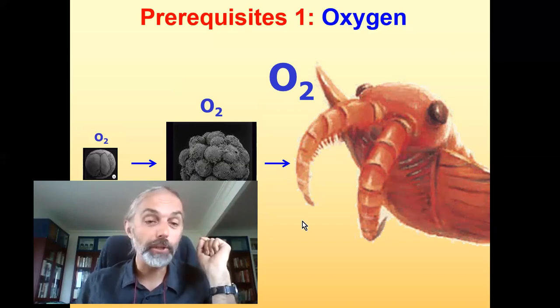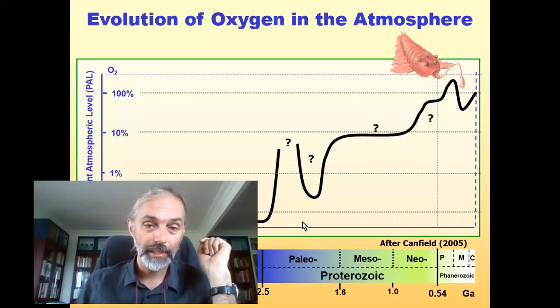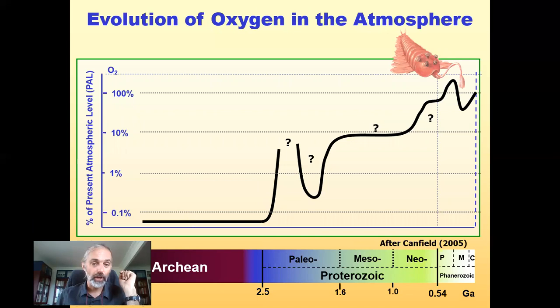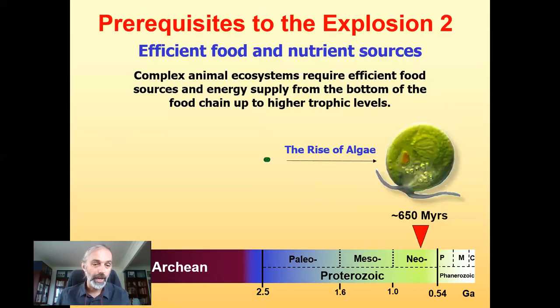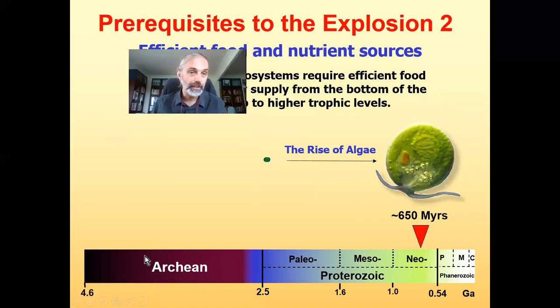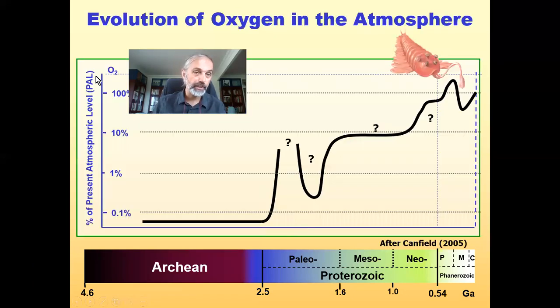You already know about the evolution of oxygen through time. That's shown in this slide here. On the y-axis, you have present atmospheric levels of oxygen, PAL. And here is 100%, here's 10%, 1%. In the Archean, we had less than 2 times 10 to the power of -5.